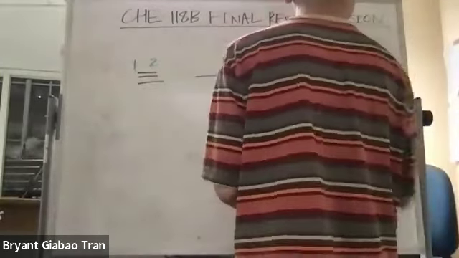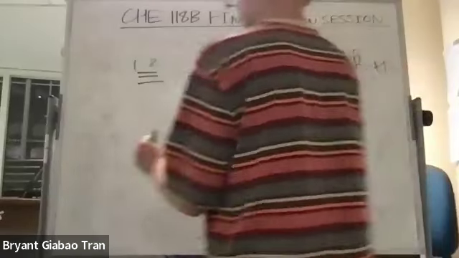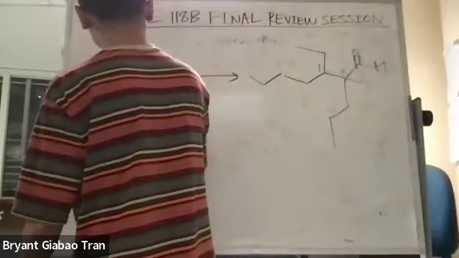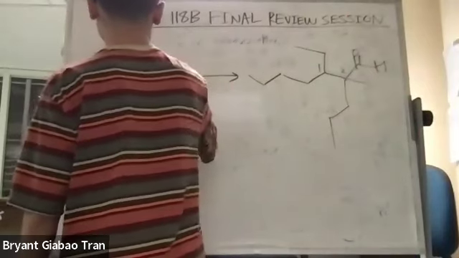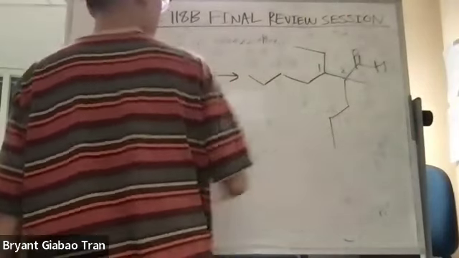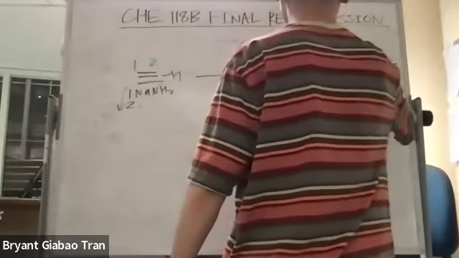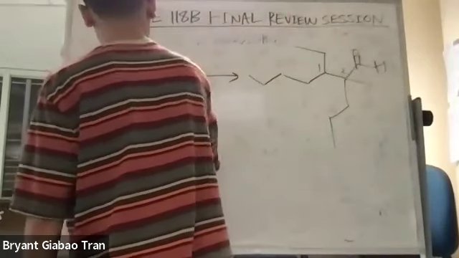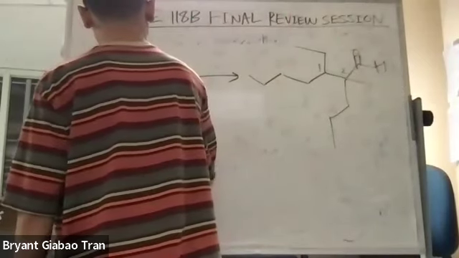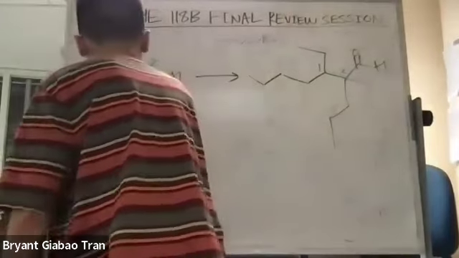We want to do NaNH2 to deprotonate the terminal thing. Second step, I want that there, so I'm gonna react this with an aldehyde. And then third step, acid workup. Right, I'm just gonna draw this like this.